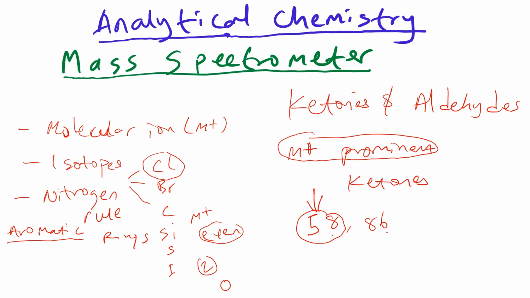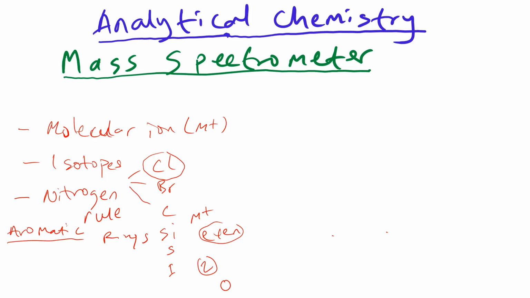Let's look at another one: carboxylic acids. They usually have a weak molecular ion.